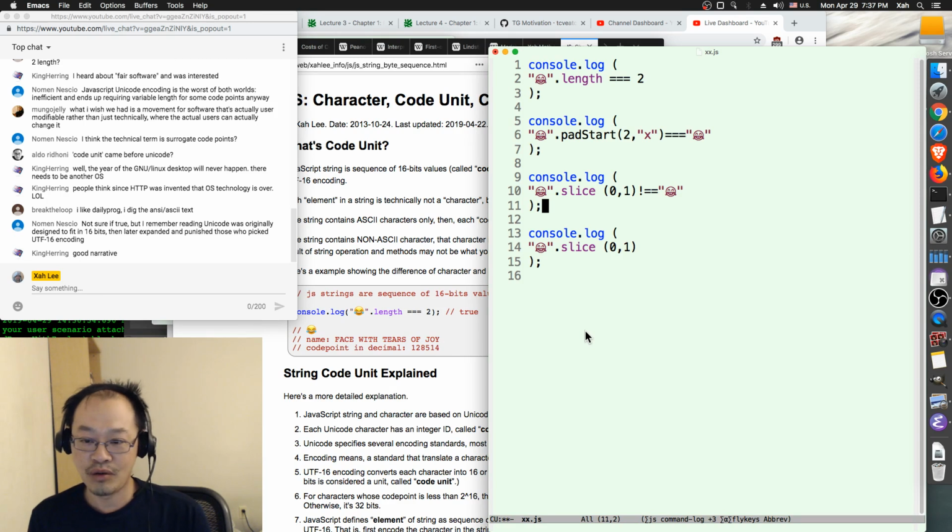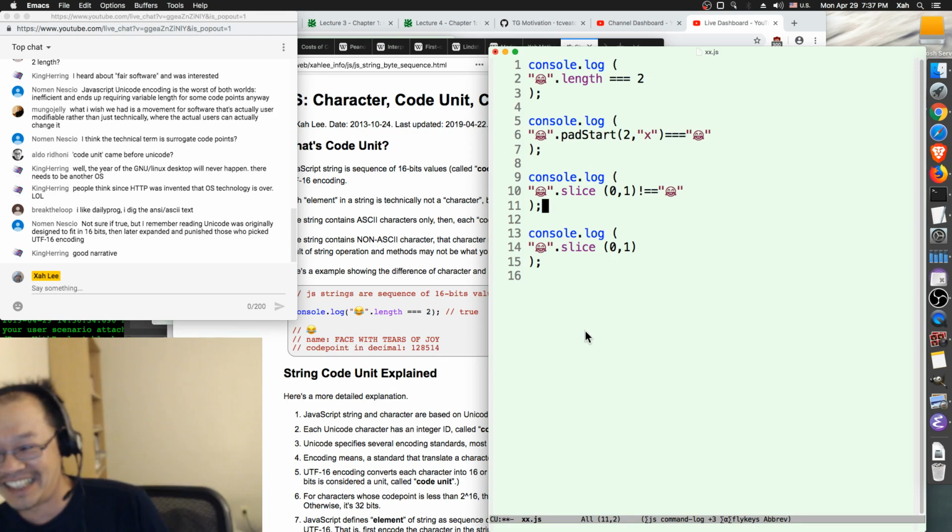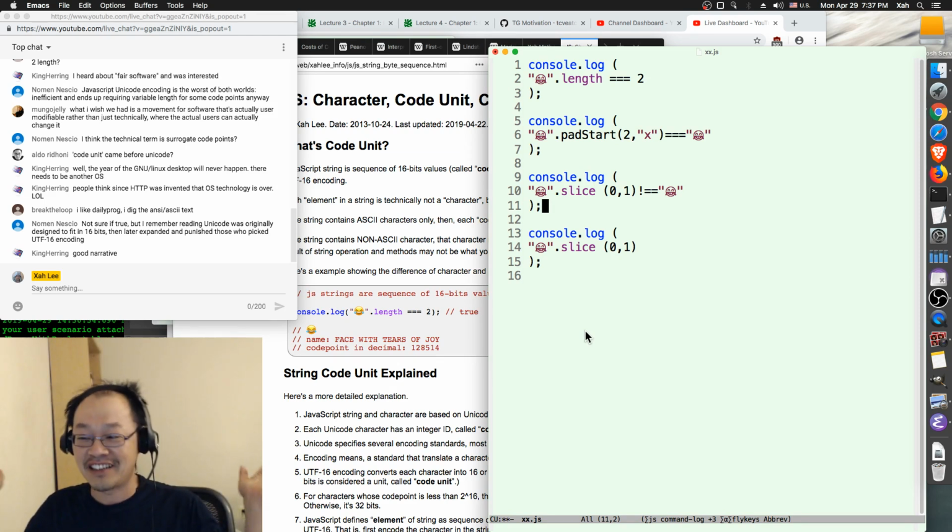So to most people, 16 bits is, oh my god, now we have 16 bits. That's plenty, enough until kingdom come. So everyone just adopted UTF-16. That is the original history. That is how UTF-16 became so many standard systems.